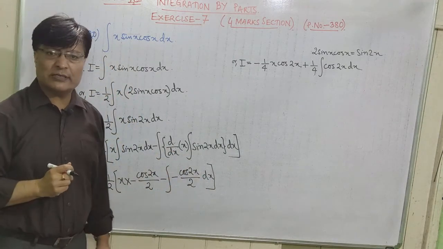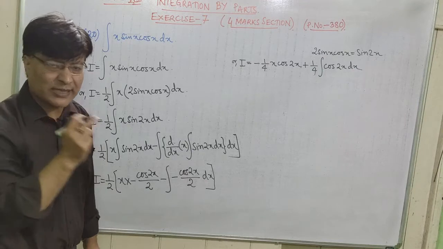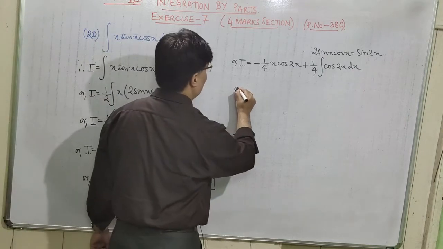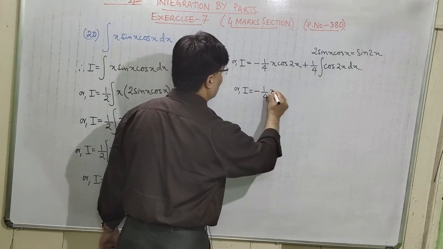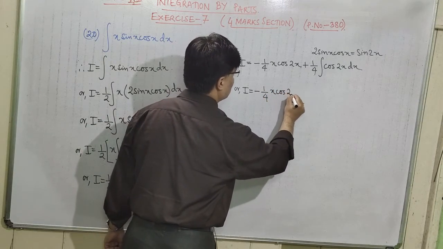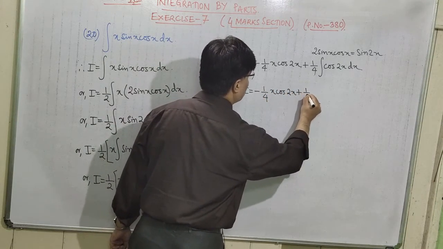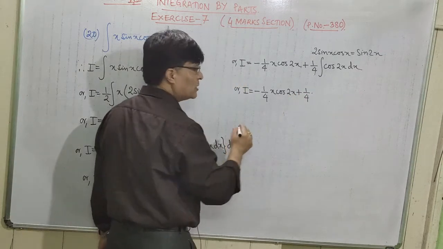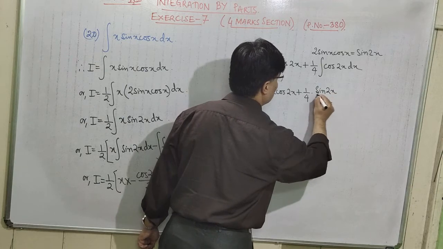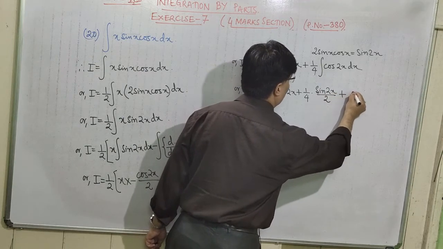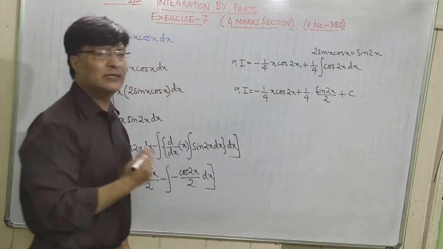So what is integration of cos 2x dx? That is your sin 2x divided by 2. So I is equal to minus 1/4 x cos 2x plus 1/4 into sin 2x divided by 2, then plus c.